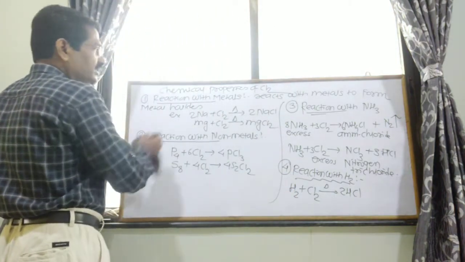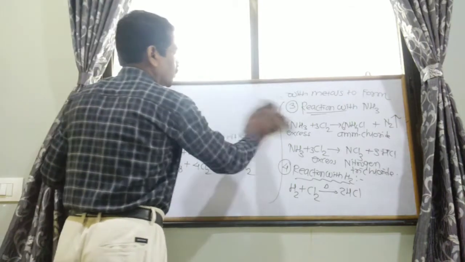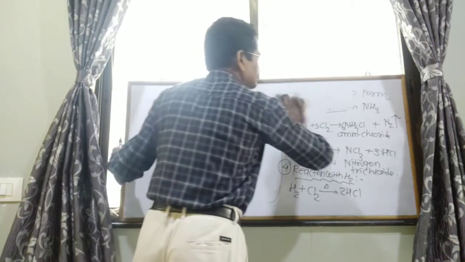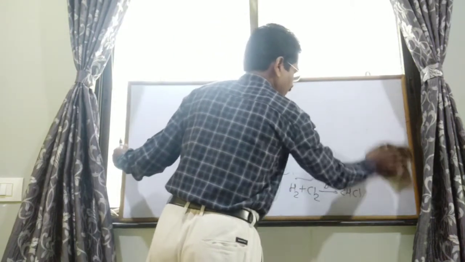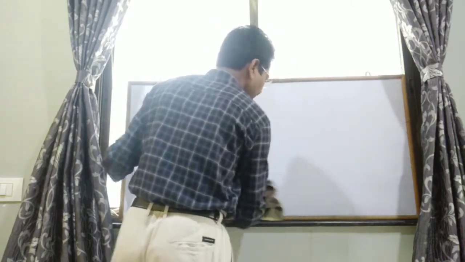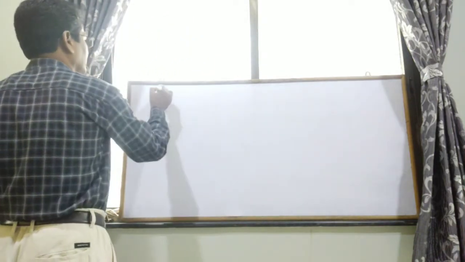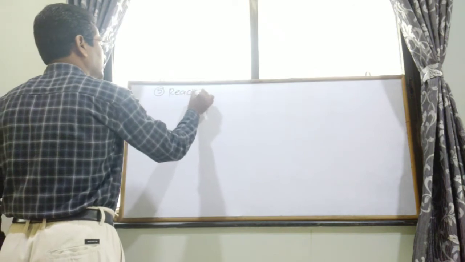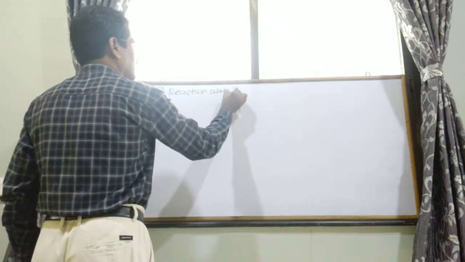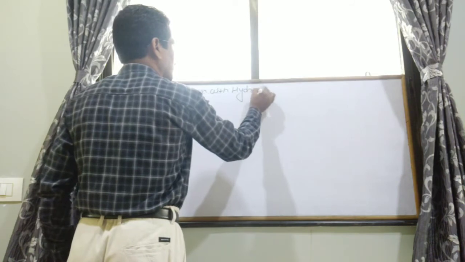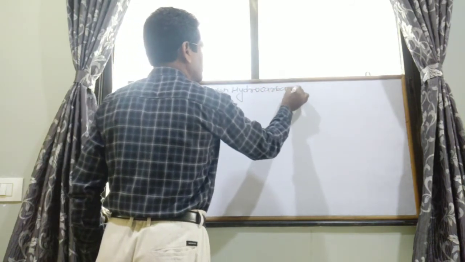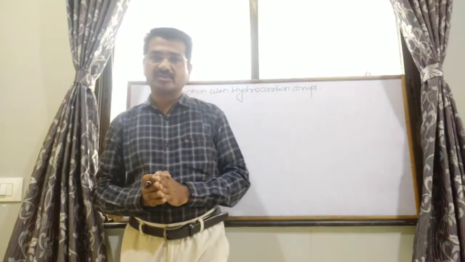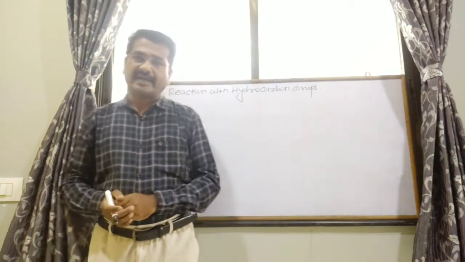Then next, the fifth chemical property of chlorine: reaction with hydrocarbon compounds. We know hydrocarbon compounds are made up of carbon and hydrogen.